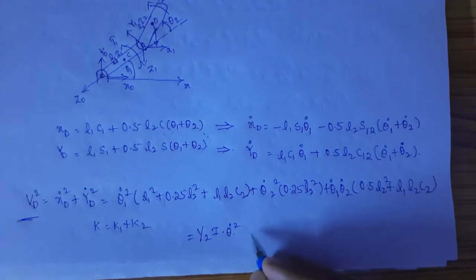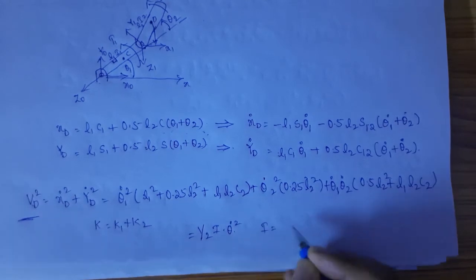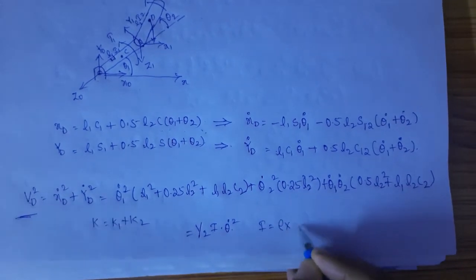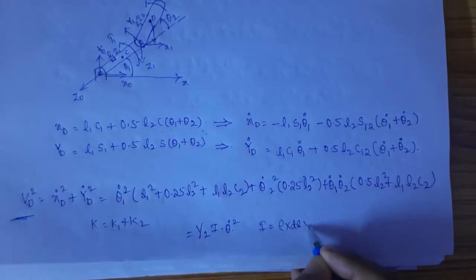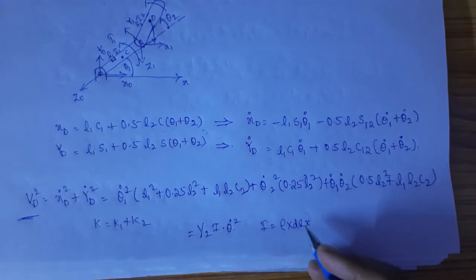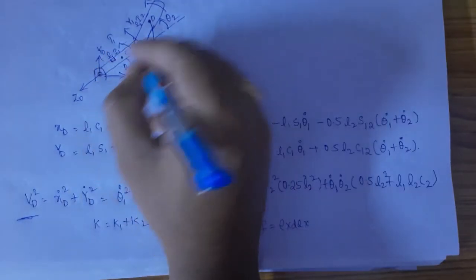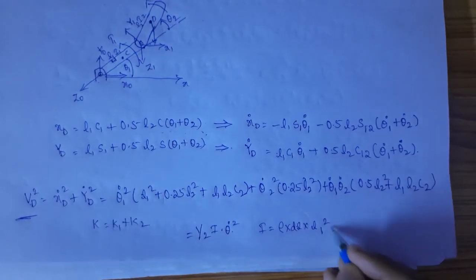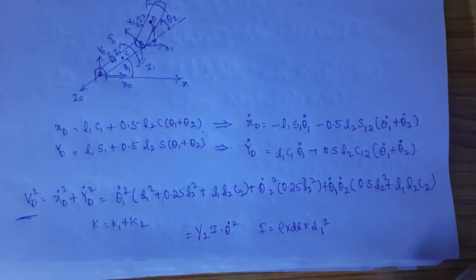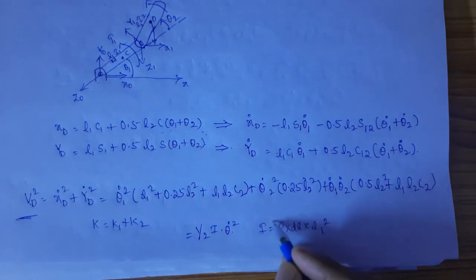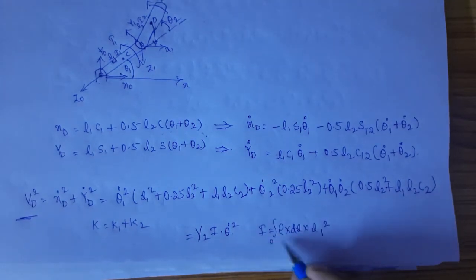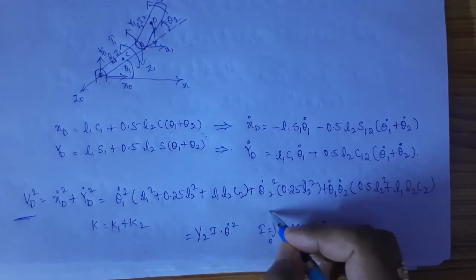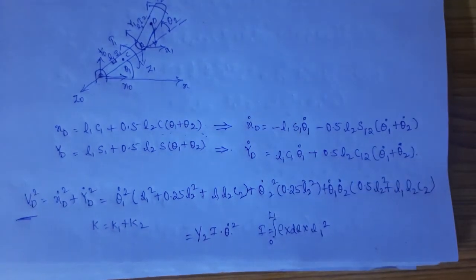So inertia is equal to density rho into dl, the small length, into the distance square, L1 square. That is the element of mass. To get the total inertia we go for integration from 0 to L1.